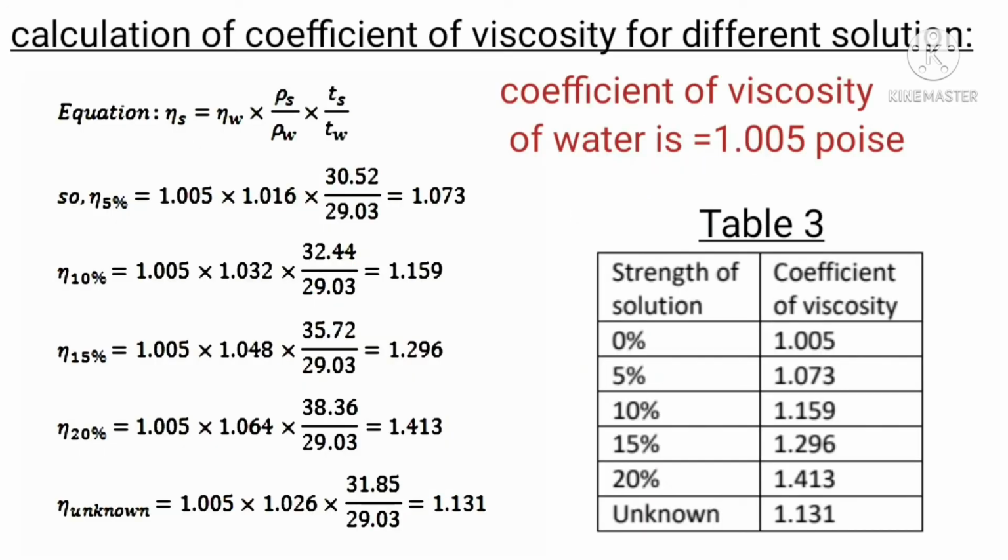Then I calculate viscosity coefficients for all the solutions separately by using this equation: eta S by eta W equal to rho S by rho W into Ts by Tw.